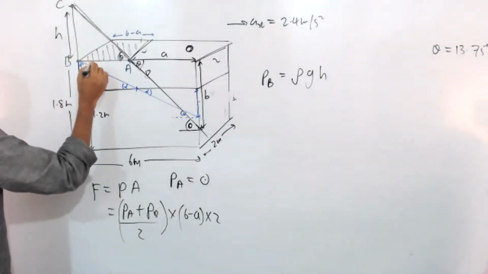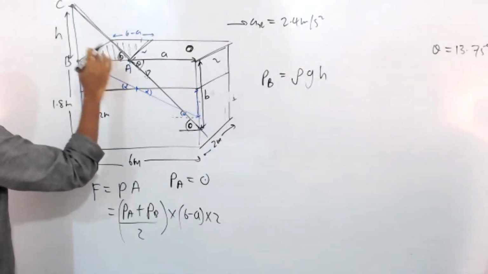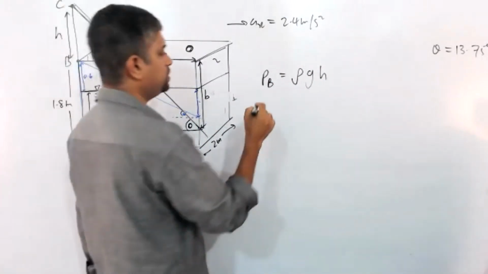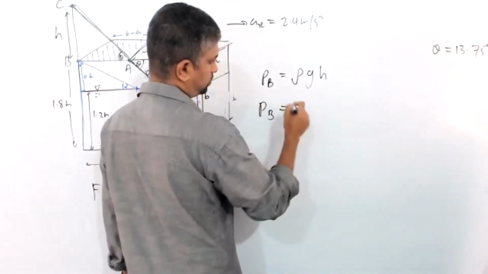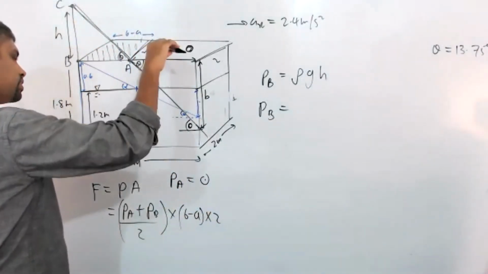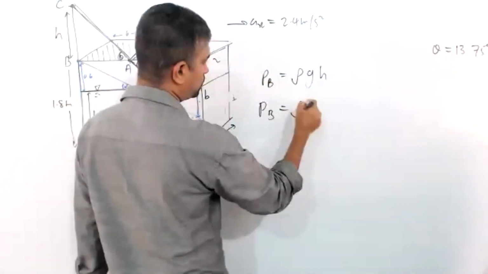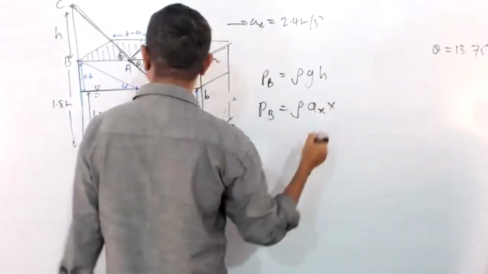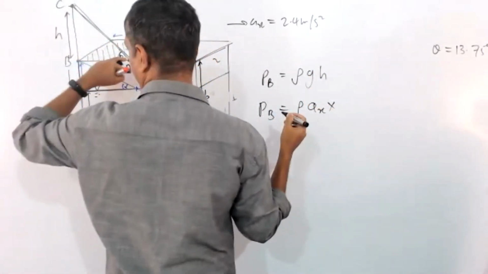H can be calculated because we know this AB. There's another way to calculate PB, by considering this direction. Now rho G is AX, where X is AB.